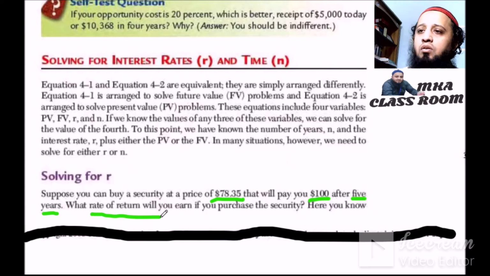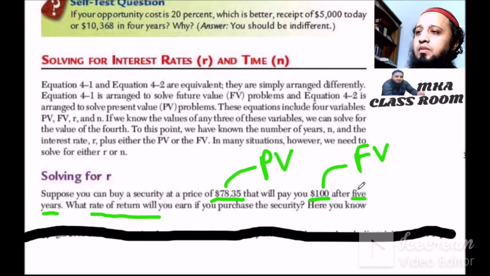So we have been given the information, that is the present value, that is the future value, that is the number of periods n, and we have to find out the rate of return, that means the rate of interest. What will be our rate of interest?